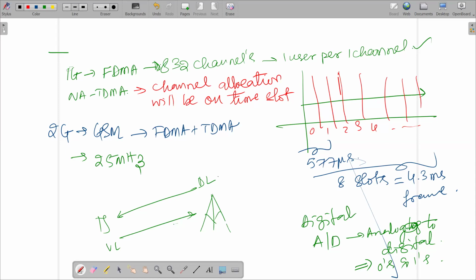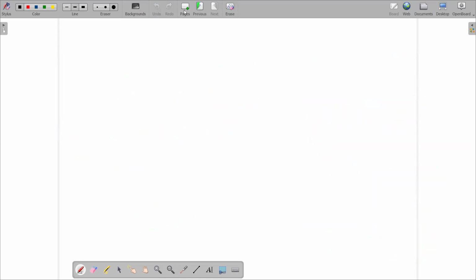So here 25 megahertz is assigned, here also 25 megahertz. In this case, the channel bandwidth was designed as 200 kilohertz. In 1G, that is 30 kilohertz.